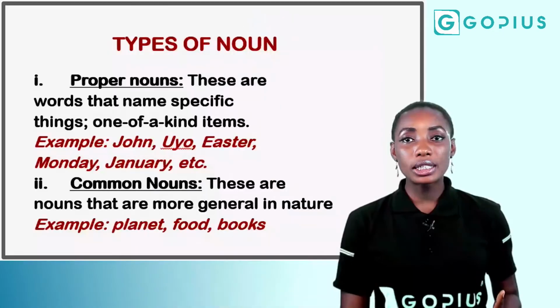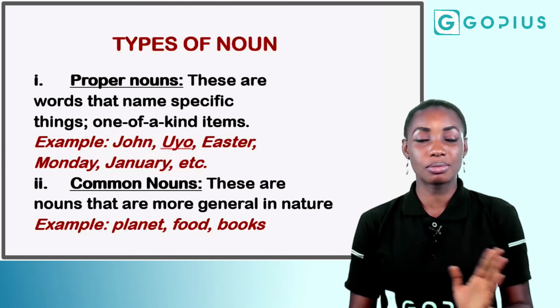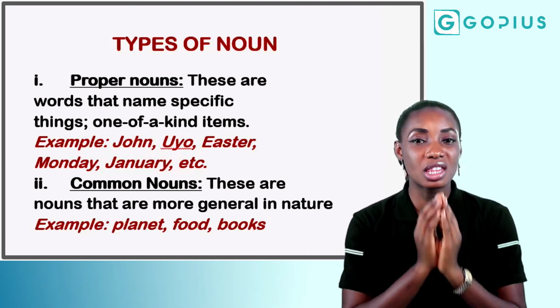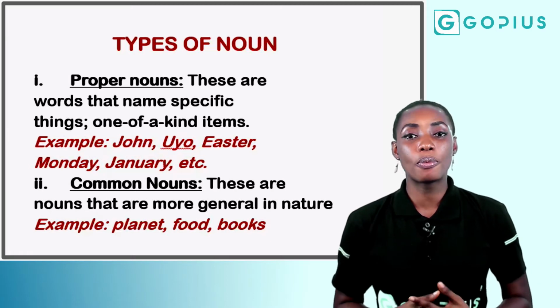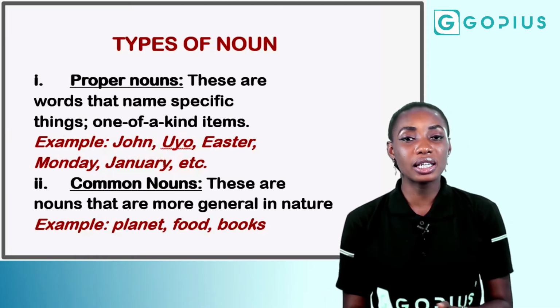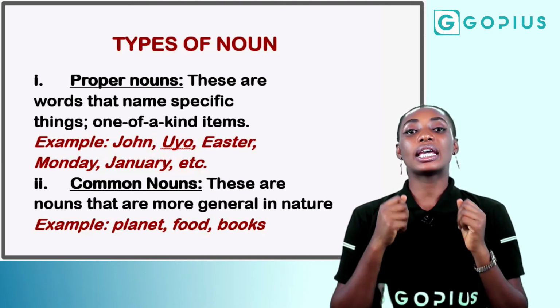So the first type of noun that we have to be conversant with is the proper noun. These are words that name specific things, one-of-a-kind items, not generalized. So the name of a person is specific, it is unique, like your name, whatever it is.